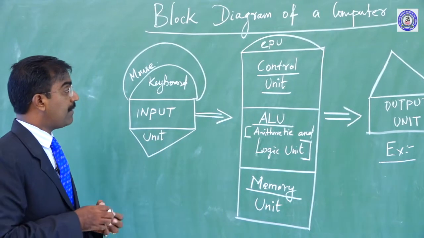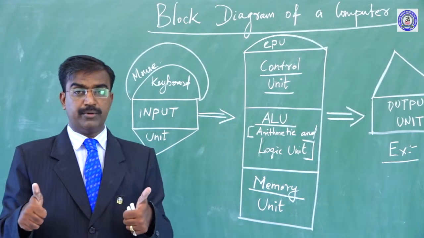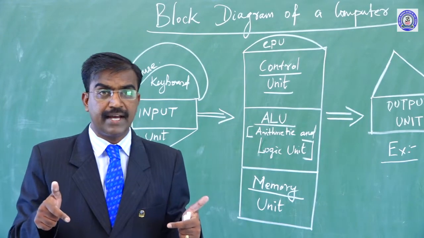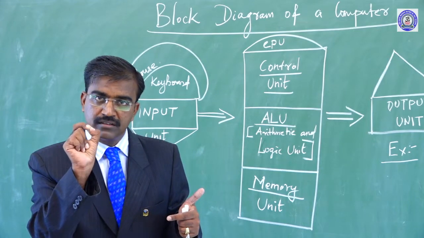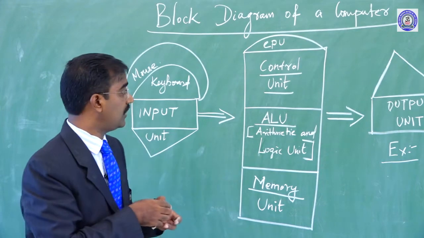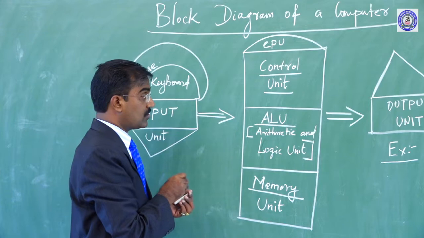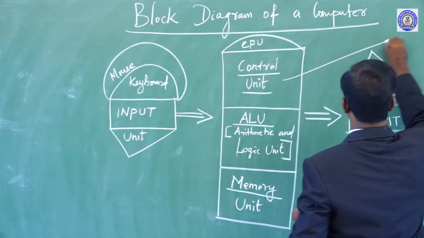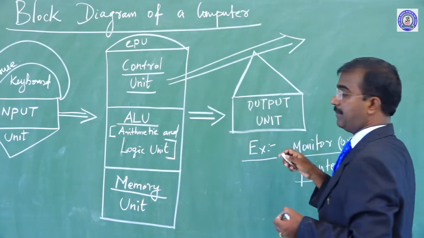Now can I say about the control unit? If you switch on the computer, what happens immediately first? A red color light will glow. This is the control of the CPU in the control unit. The control unit can be classified into three types.